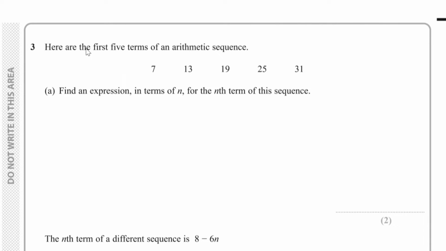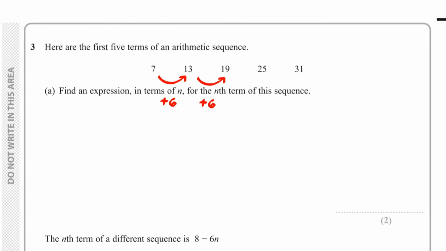Question number 3. Here are the first 5 terms of an arithmetic sequence, 7, 13, 19, 25 and 31. For part A, we have to find an expression in terms of n for the nth term of this sequence. The first thing we can do is find the difference between each term.